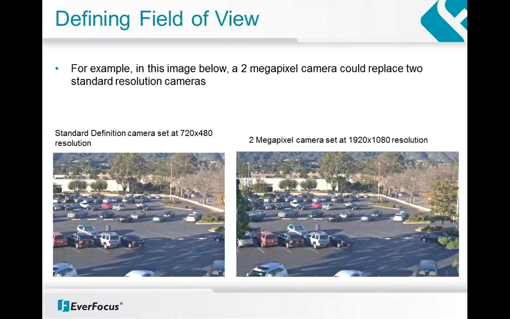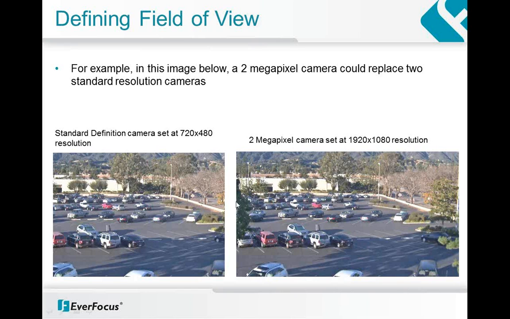Defining field of view. For example, in this image below, a 2 megapixel camera can replace 2 standard resolution cameras. So on the left-hand side, you have a standard definition camera at 720 by 480 resolution. Now you see it's still a pretty good picture quality. However, on your right-hand side, you have a 2 megapixel camera set at 1920 by 1080 resolution.